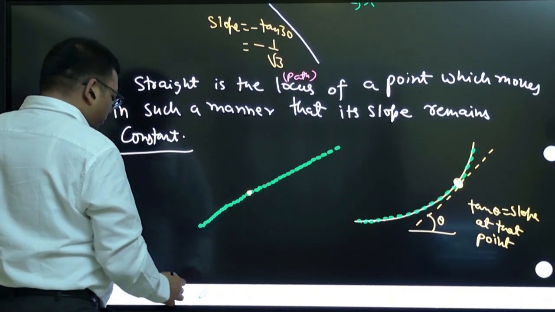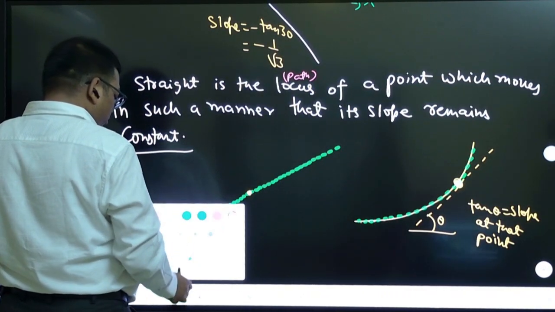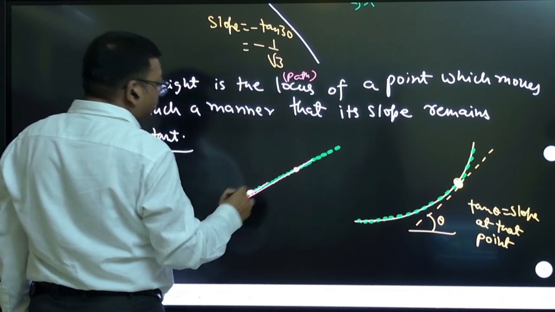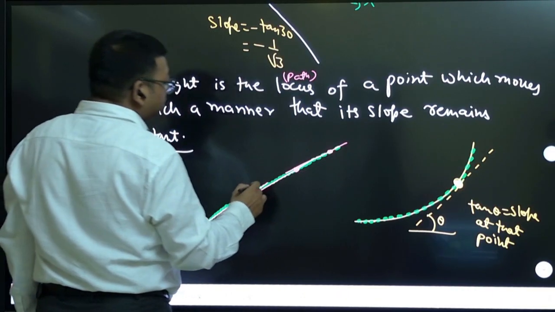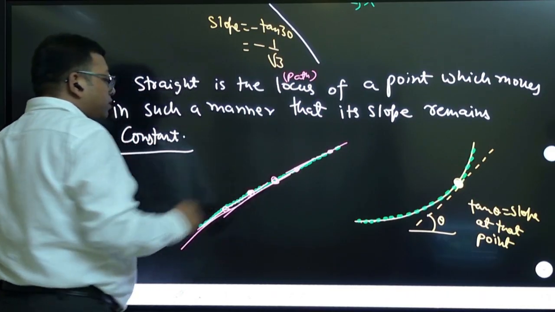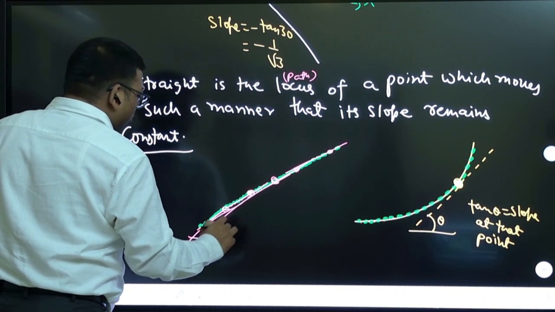Here, if you take the slope, meaning draw a tangent at this point, and at this point, and at this point, it is the same straight line, because this angle theta is constant.